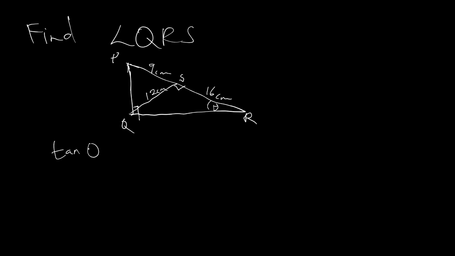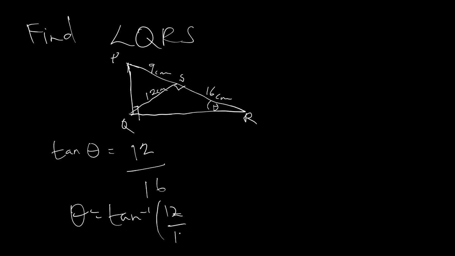Tan theta will be equal to 12 over 16. So when we find the tan inverse of 12 over 16, theta would be equal to the tan inverse of 12 over 16.